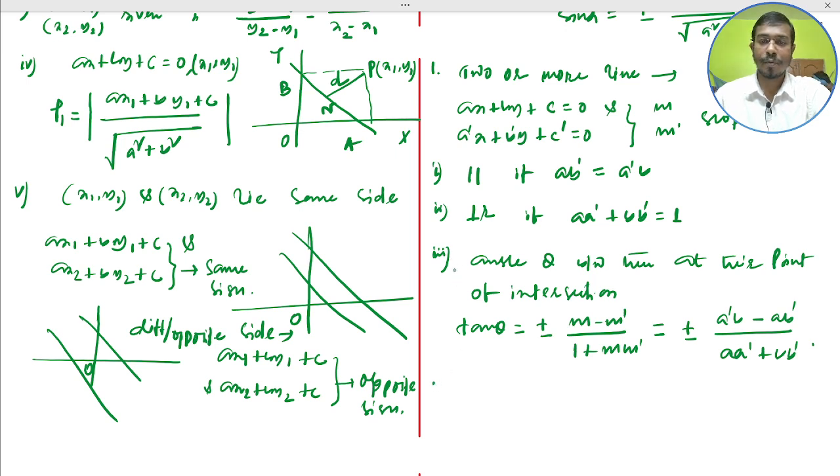Next, this is the third point, A and that is B, point of intersection.